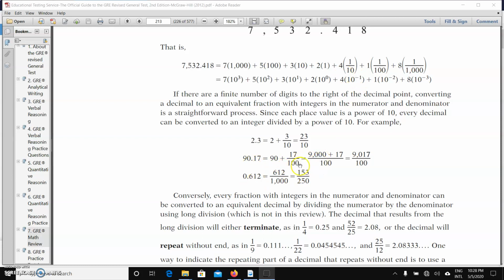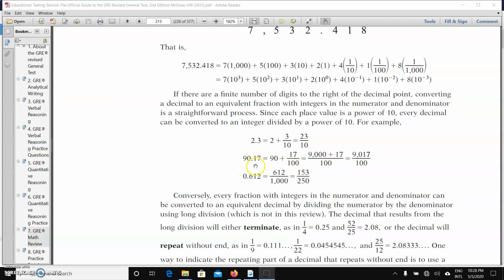You understand? Now if you want to use their own way, that would be 90, and this will be tenth, 100, hundredth. And this is tenth, 1 is 10, the 7 under 7 is 100, so that will be 17 over 100. That's what they did here, plus 90. But I don't want to use that style because it's too long. I want to use my own style.